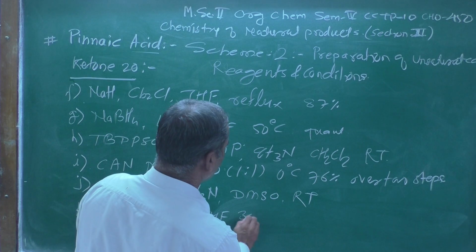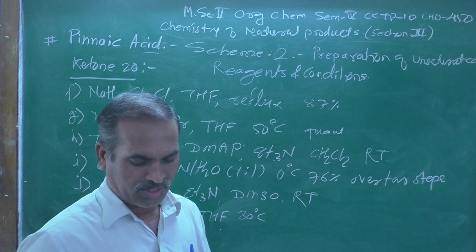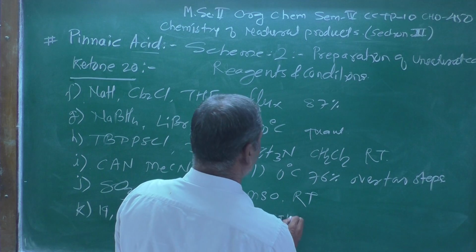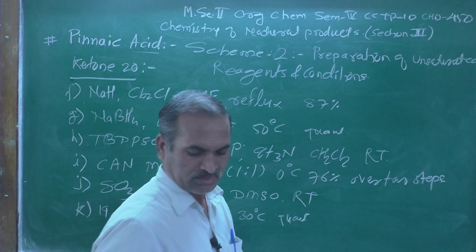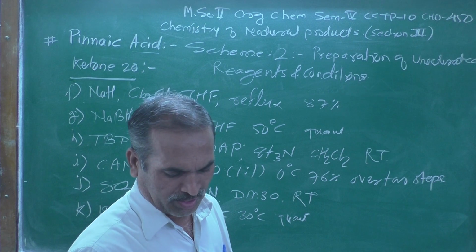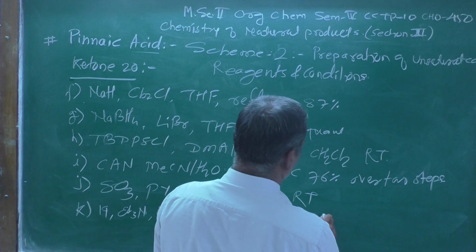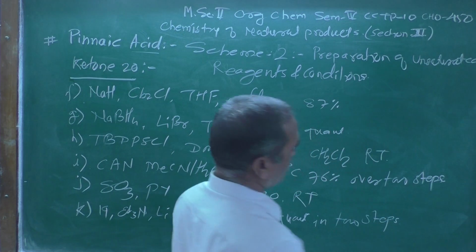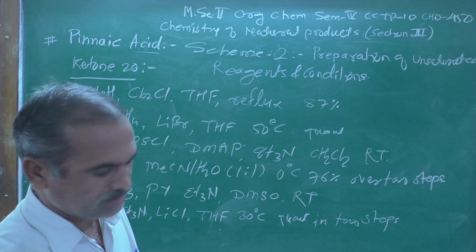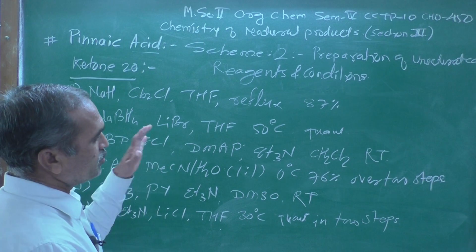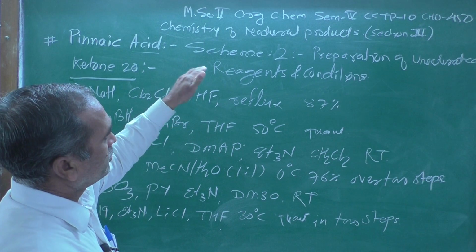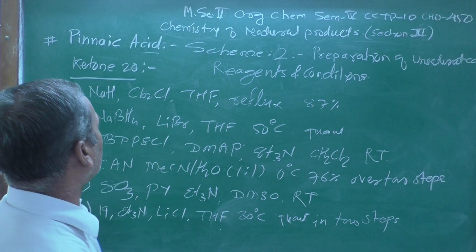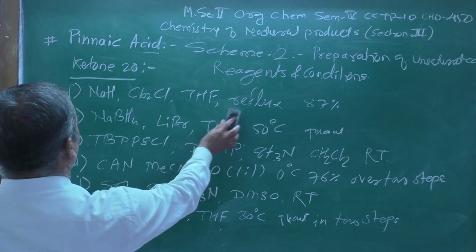The reaction was kept around 30 degrees centigrade, with a quantitative yield in 2 steps. These are the reagents they had used during scheme number 2, preparation of unsaturated ketone 20.